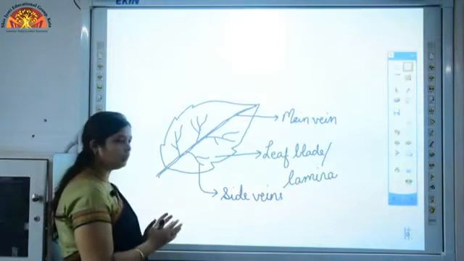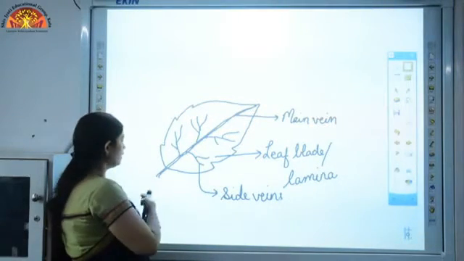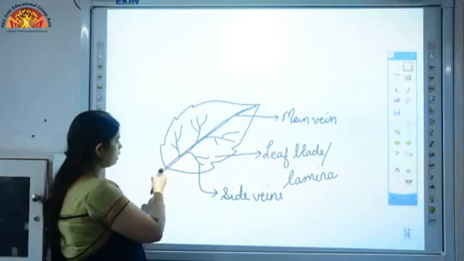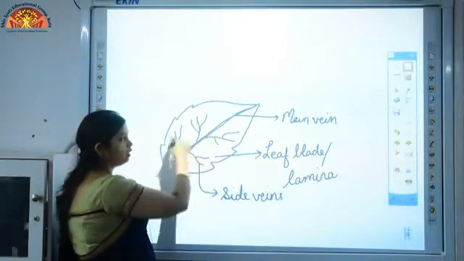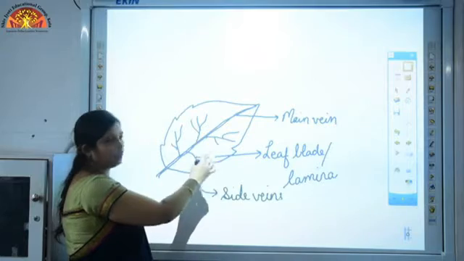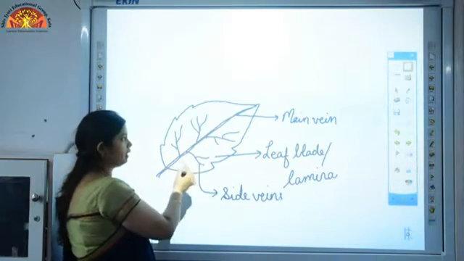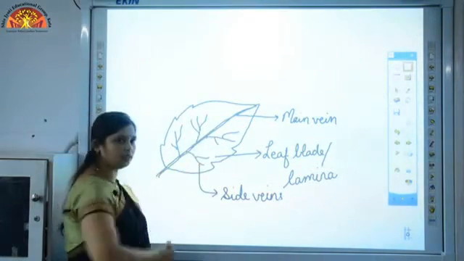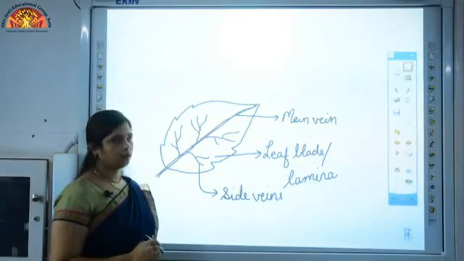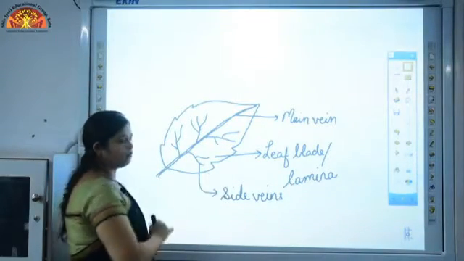When the stem brings water and minerals to the leaf, these veins transport them throughout the leaf, and the food which is prepared in the leaf is also transported from the leaf to the stem so that it can be transported further. So this is about the structure of a leaf.